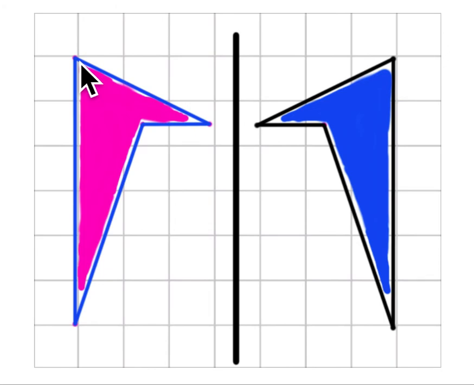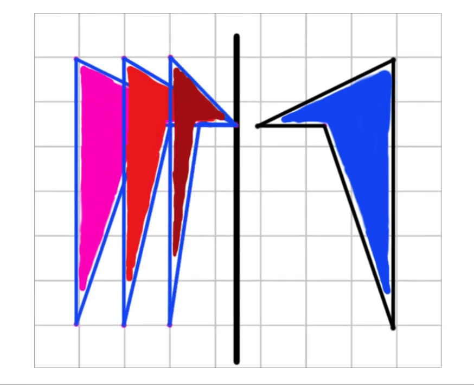So it goes from this point here, reflects over, and it's in the opposite direction, the opposite position, and it corresponds to this point here. This point right here goes to this point, reflects over that line. This point reflects to this point over that line, and this point here reflects to this point over that line.